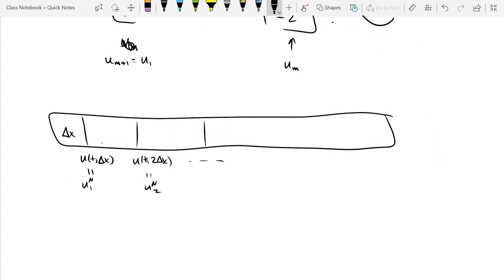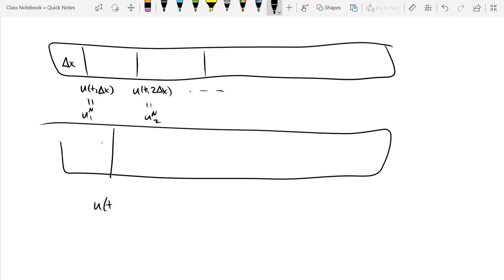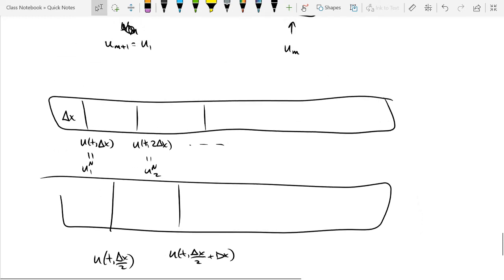Instead of placing these at the actual delta x's, you can put them at the half points. So if we have our space, you can say that our first is going to actually be u sub t delta x over 2, u sub t delta x over 2 plus delta x, and then you're going to make them all the same space apart, delta x, right? So this is the normal one. This is called the centered discretization.